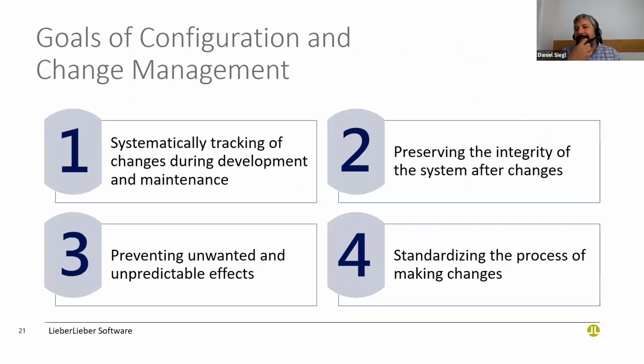So the next topic we had on our rather tough agenda is the configuration management. And this is very important for the modeling as well, that you have a standardized way how you do your configuration management to be able to do the systematical tracking of changes that appear.